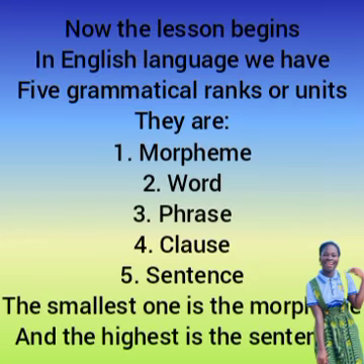Now the lesson begins. In English language, we have 5 grammatical ranks or units. They are morpheme, word, phrase, clause, and sentence. The smallest one is the morpheme, and the highest is the sentence.